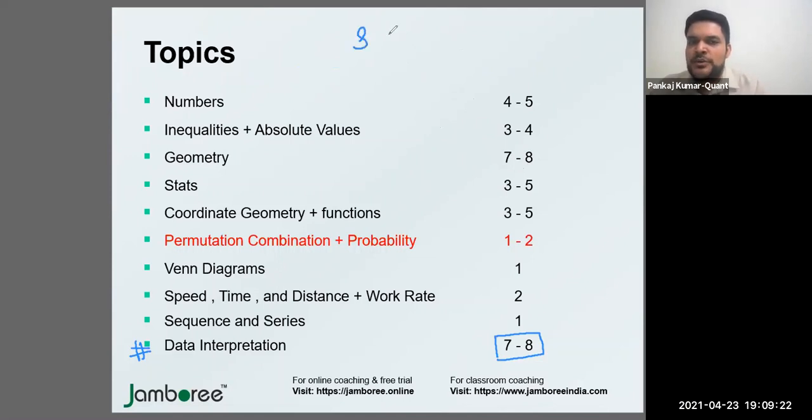And if I say 8 questions out of 40 questions, that's a huge percentage. That is 20% of your exam, and 20% for me is a huge thing, and for you also. Similarly, geometry is also taking approximately 20%. So yes, data interpretation is going to play a very important role.